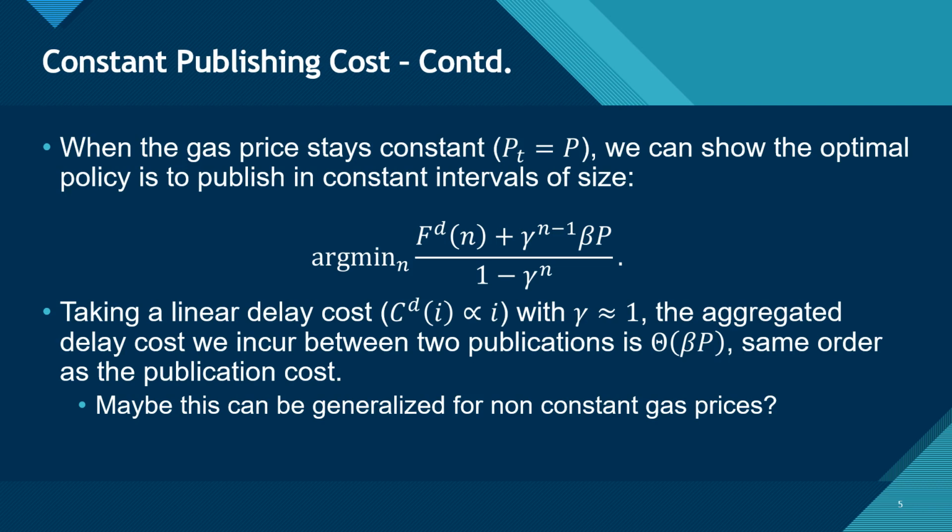So we actually got that the delay cost for the optimal policy is always equal or about the same as the publication cost. This makes us think maybe we can generalize this idea that we should maintain the delay cost to be about the same as the publishing cost and choose our publishing steps according to this rule.